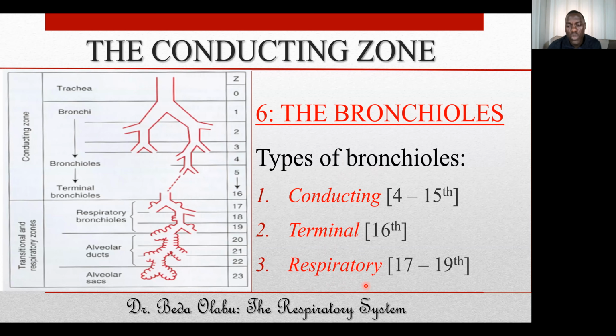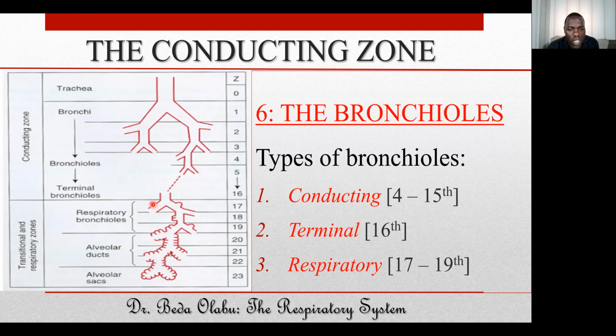So respiratory bronchioles are the first component of airway division that have a gas exchange capacity. And why do they have a gas exchange capacity? It's because they contain alveoli on their wall, as you can see in these images here.